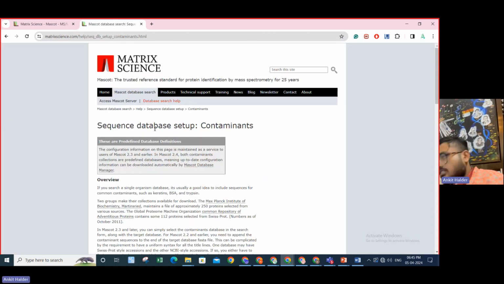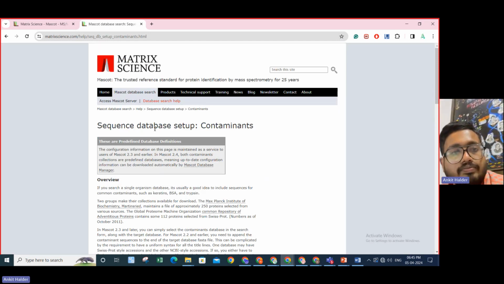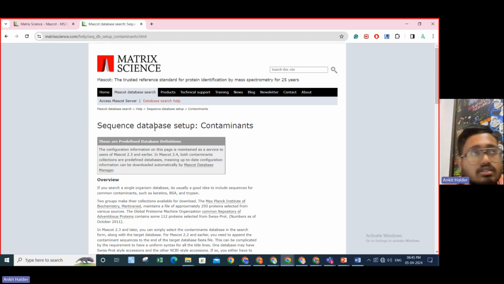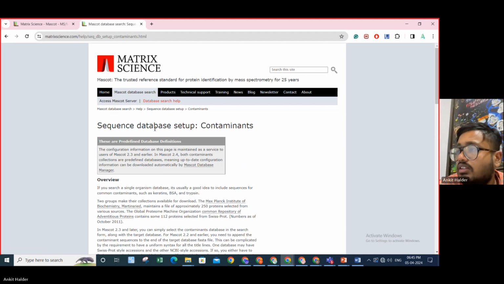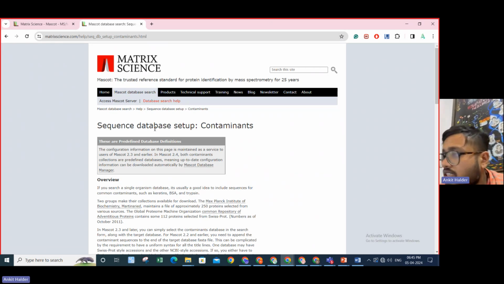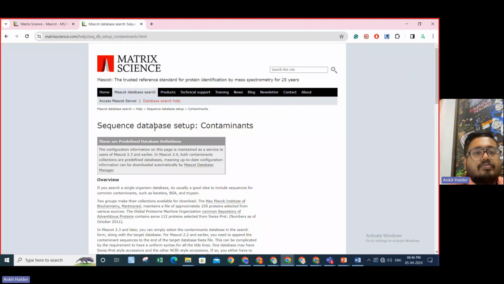Okay, so what is a contaminants database? Let us look at this here. If you search a single organism database, it is usually a good idea to include sequences for contaminants such as keratin, BSA, and trypsin. Just look and read what I'm saying.